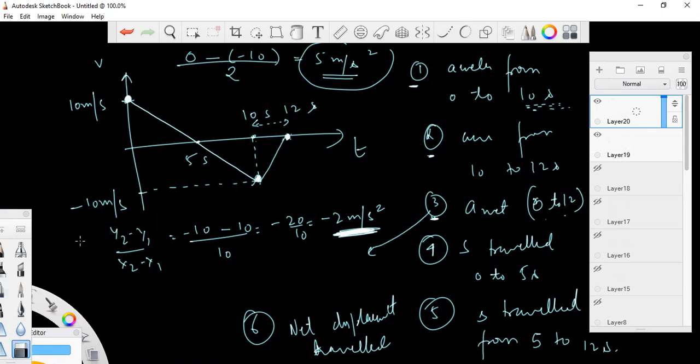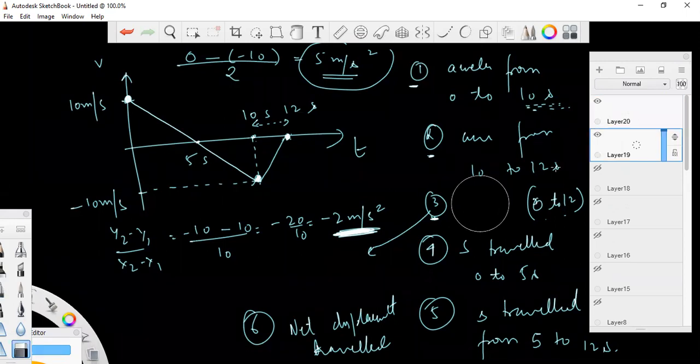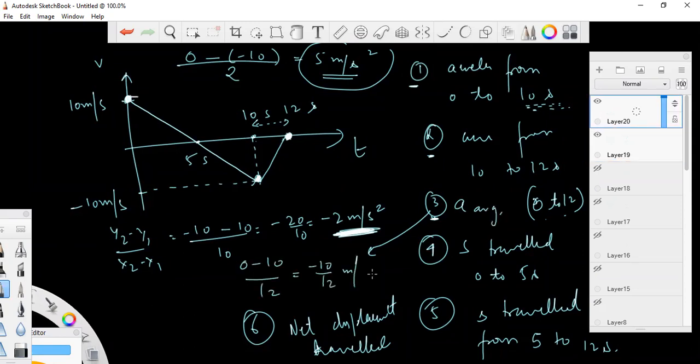If this is the case here, you only have to worry about the total change. Total change is what? Total change is 0 minus 10, right? Because finally it is becoming 0. 0 minus 10, initially 12. Is that clear? This is minus 10 by 12 meter per second square.